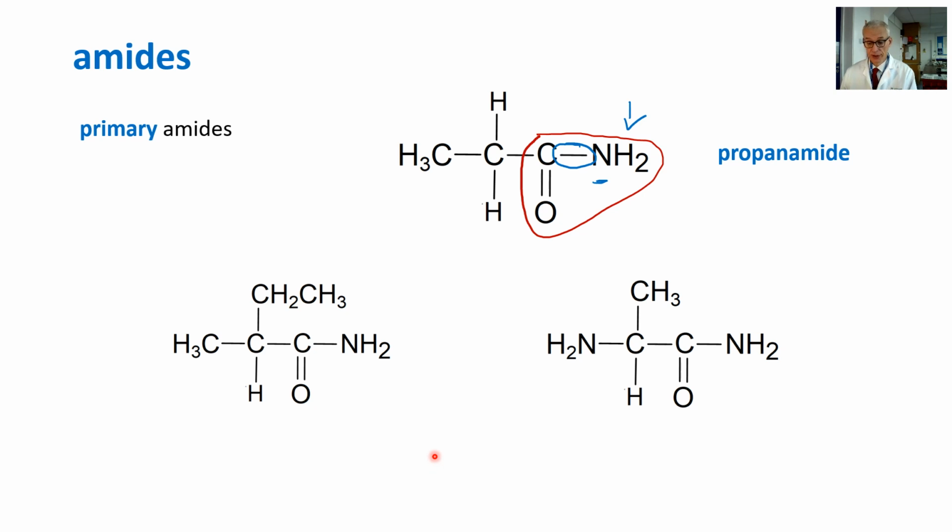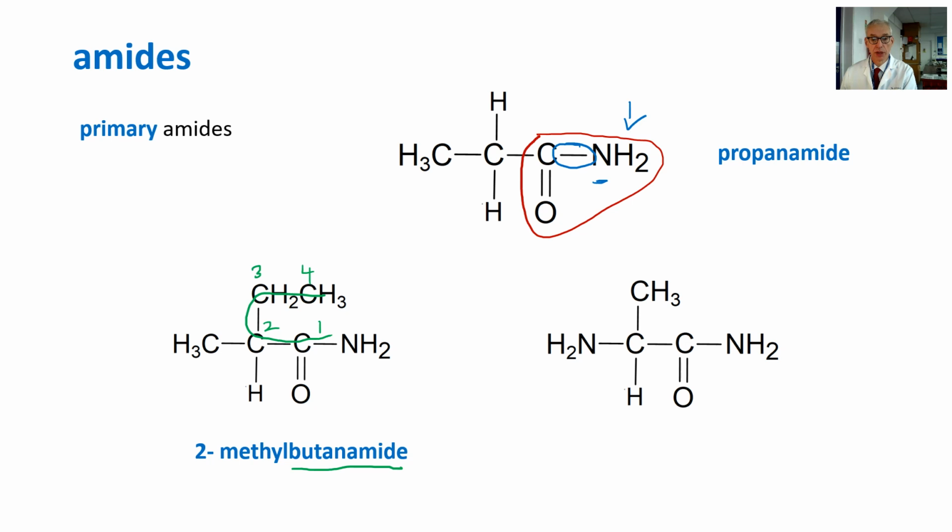Okay, so I'm going to reveal 2-methylbutanamide. I'm starting at carbon number 1, 2, 3, 4. There's my longest chain with four carbons. So that's butanamide.